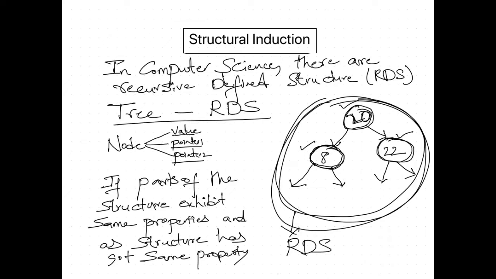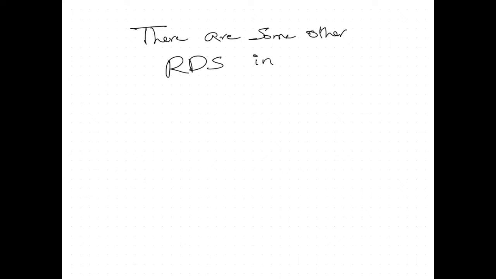So there are some other recursively defined structures in computer science. What are those? First one, strings.